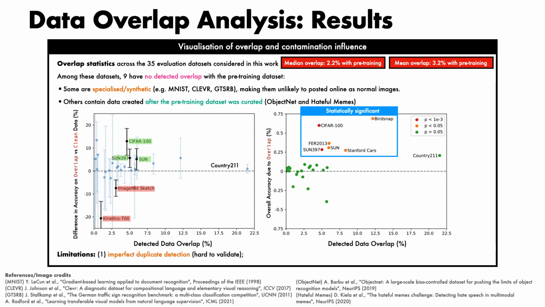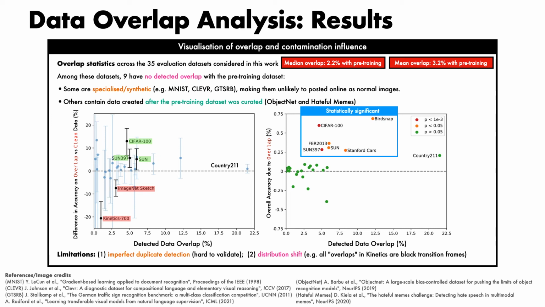The authors note some limitations to this analysis. The first is that the near-duplicate detector is imperfect. Although it performed well on its proxy task, it is simply infeasible to manually validate its performance across 400 million images. The second limitation is that there may be subtle distribution shifts in the overlapping subset that form a nuisance factor in the analysis.